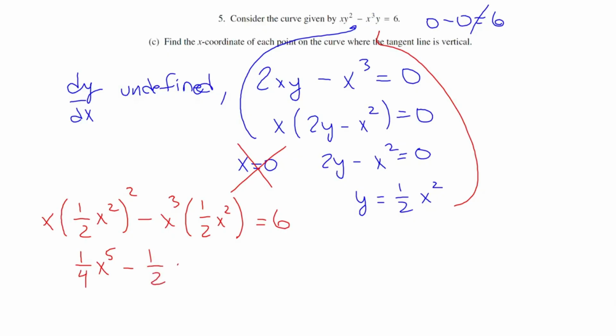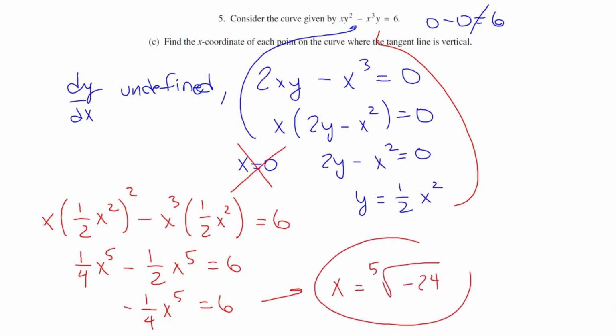And this other one is 1/2 x to the 5th. And so now we have negative 1/4 x to the 5th is equal to 6, or x is going to be equal to the 5th root of negative 24. And that is our only x-coordinate where we have a vertical tangent line.